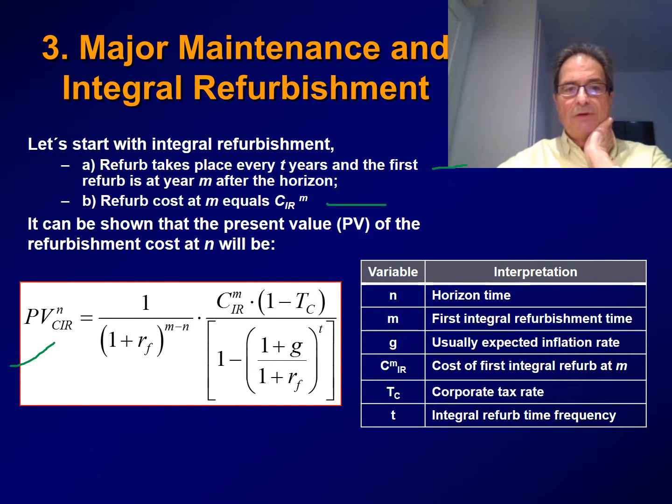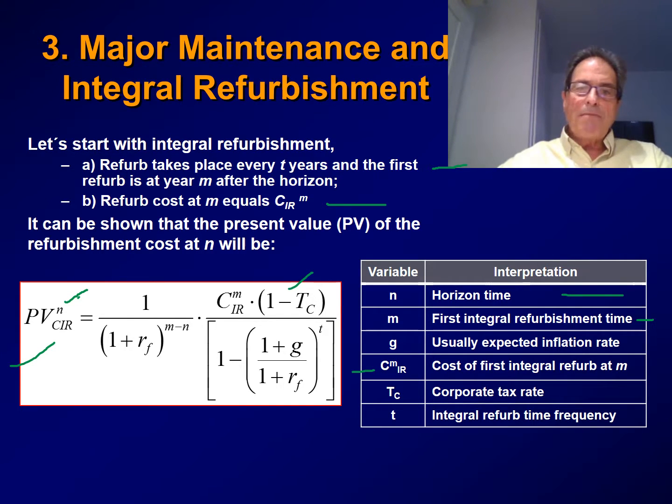So the present value of integral refurbishment at time N is equal to 1 over 1 plus the risk-free rate to the M minus N, where M is the time of the first refurbishment and N is the time of the horizon. Then we multiply that by CIRM. CIRM, remember, is the cost of the first integral refurbishment at time M.